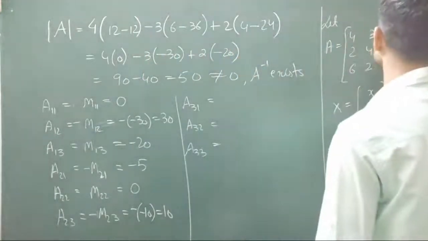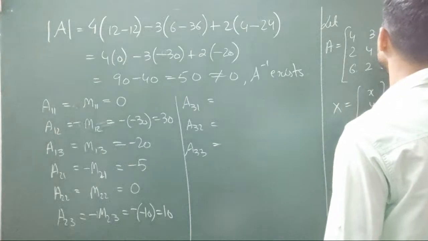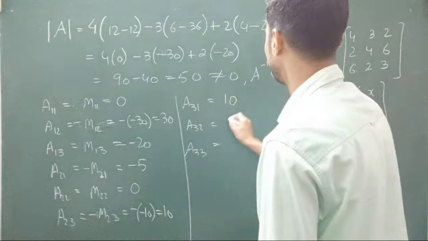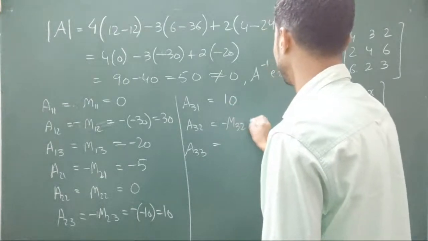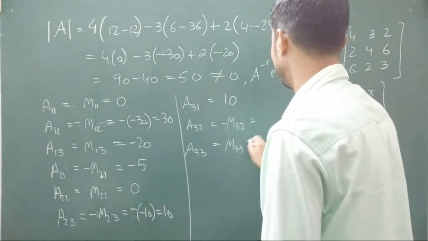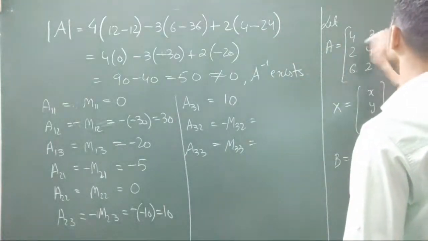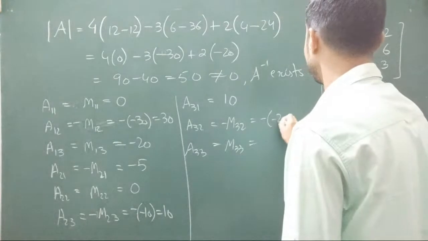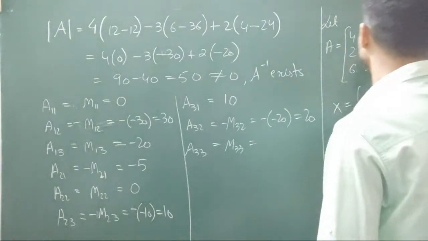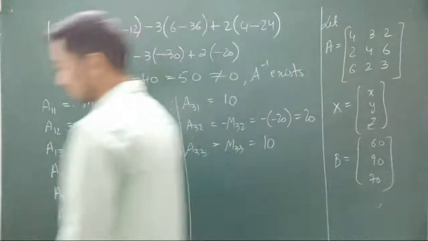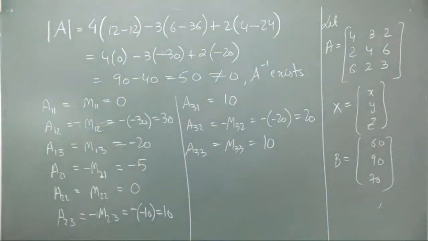So 3, 1, 3, 6 are 18, minus 8, 10, that's M32, M33, 4, 6 are 24, minus 4, minus 20, and lastly 4, 4 are 16, minus 6, 10. Minus 20, 10. All right.